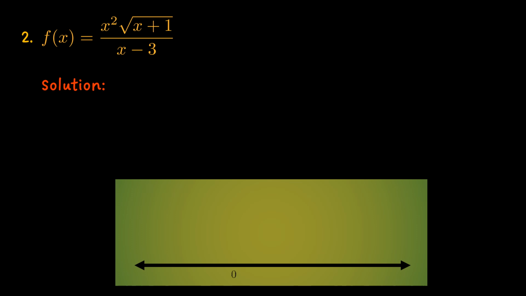Number 2. f of x equals x squared times the square root of quantity x plus 1, all over quantity x minus 3. Solution. f can be broken down into three terms. x squared is continuous on the real line.